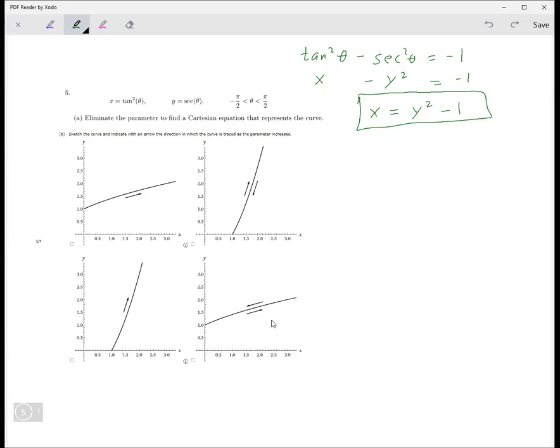So that's eliminating the parameter by just looking at those equations. Now you might think, wow, none of these curves looks like the answer. Or maybe this one does, or maybe that one does, who knows?